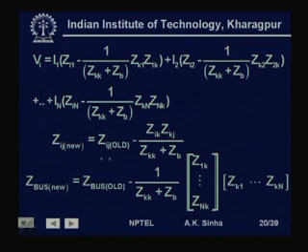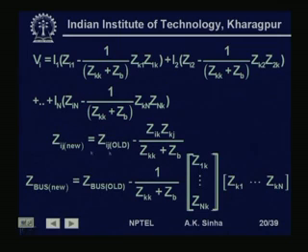This will be the new value that we are going to get for any element ij. Say for in, if we are writing, then we will have Zin, the old value which is there, minus Znk into Zkn. So same thing here, divided by Zkk plus Zb.